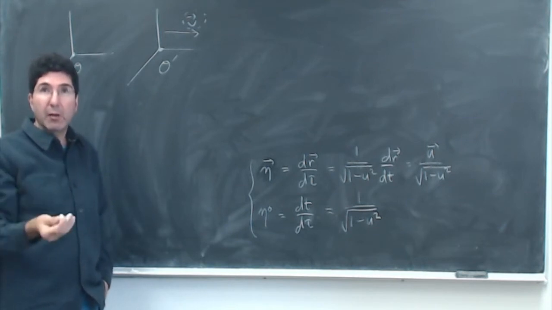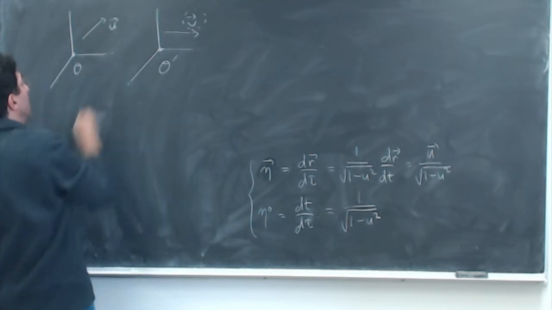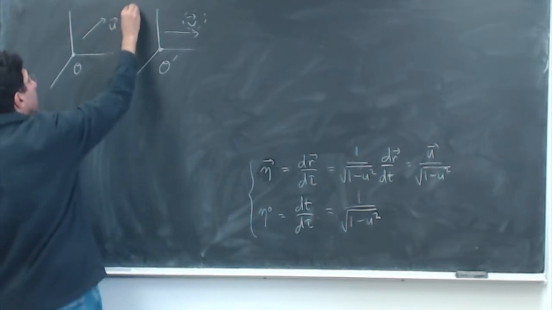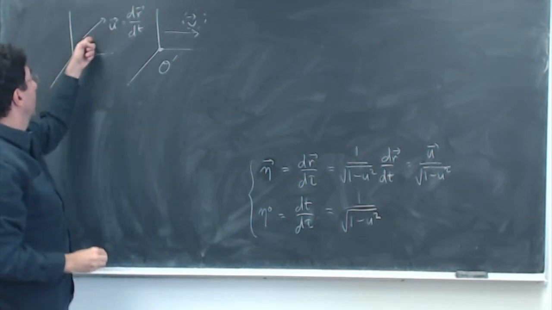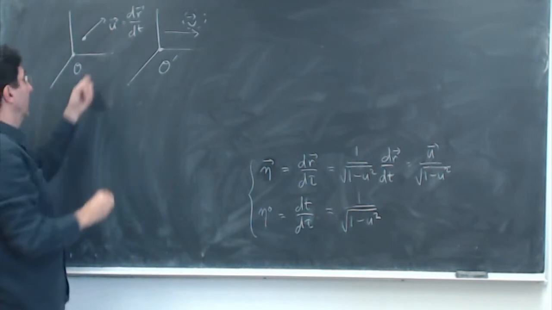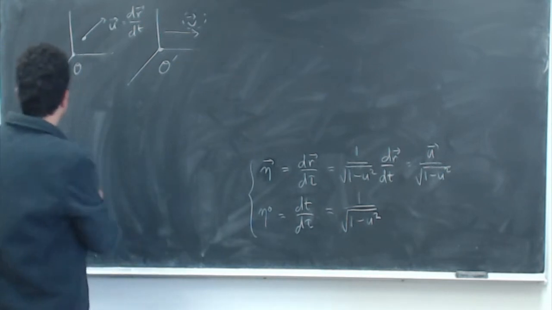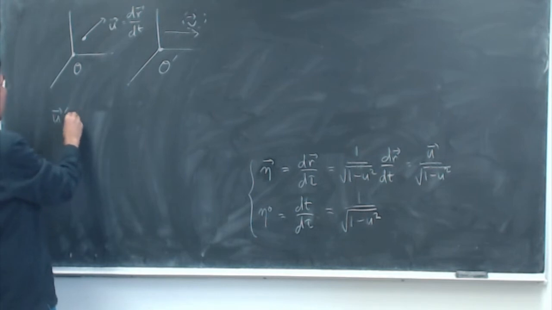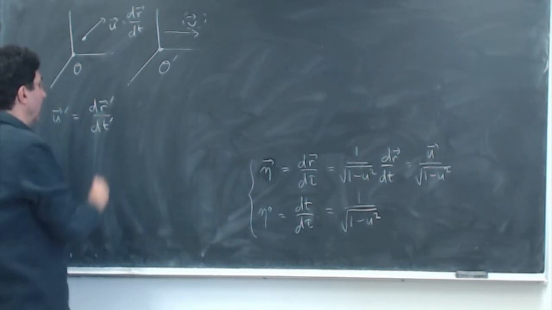Okay? And now the quantity that we want to transform is the vector u, where u is dr dt. It is the 3-velocity of some particle as measured in reference frame O. And what we want to know is what is u prime, and u prime would be dr prime dt prime.